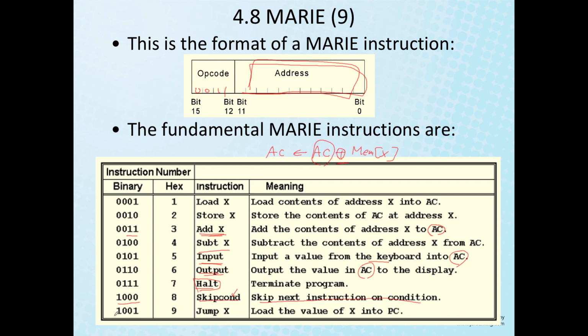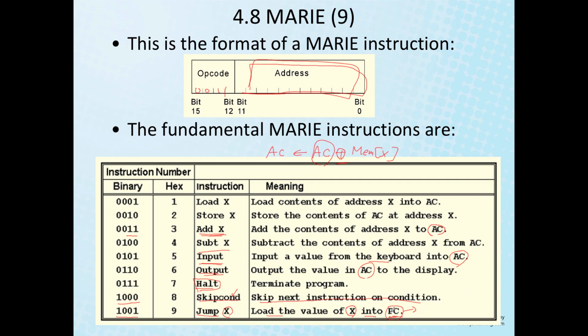And then 1001 is Jump X. Jump X means load the value of X into the PC. The PC holds the address of the instruction to be executed next.